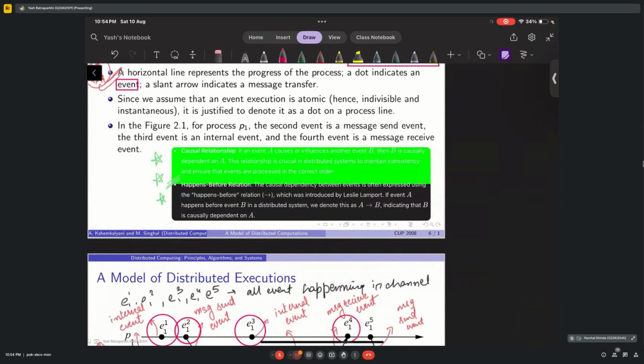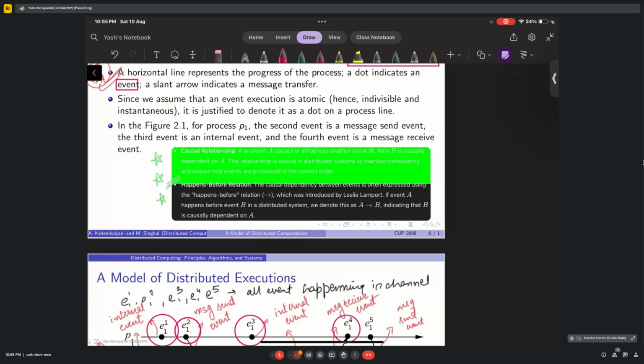The green text is defining the causal relationship, and it says if an event A causes or influences another event B, then B is causally dependent on A. What I'm trying to say is that if event A is influencing or causing some changes in event B, then B is causally dependent on A. This relationship is crucial in distributed systems to maintain consistency and ensure that events are processed in the correct order.